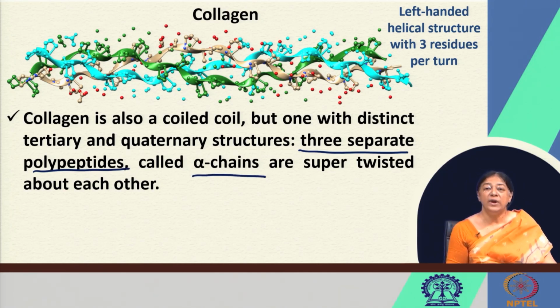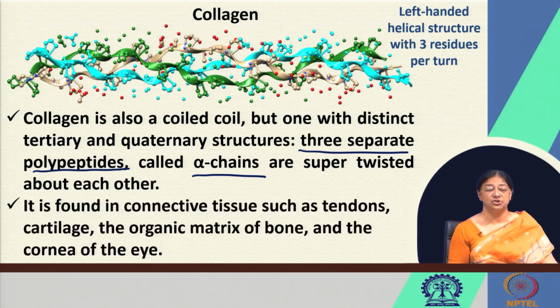So, the way in which they are formed, or the way in which they structurally interact with each other, is also important. In this particular case, we have a left-handed helical structure that has 3 residues per turn, a coiled coil structure, 3 polypeptide alpha chains forming a super twisted structure.